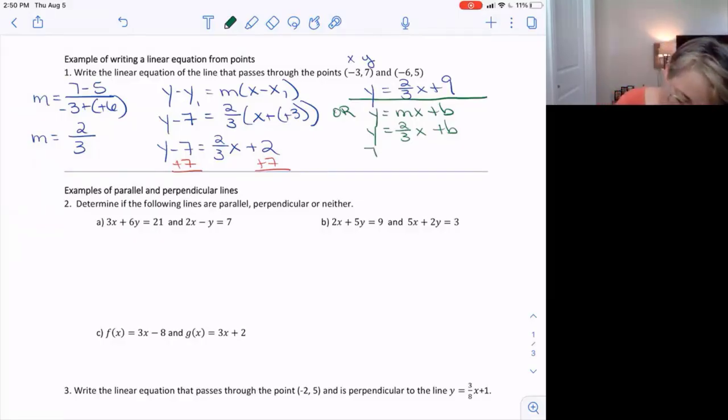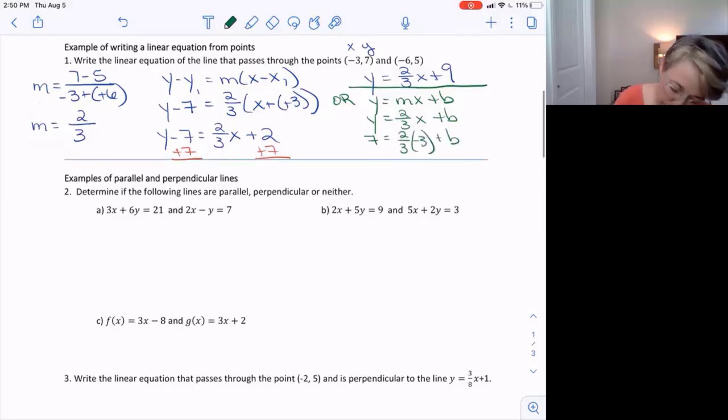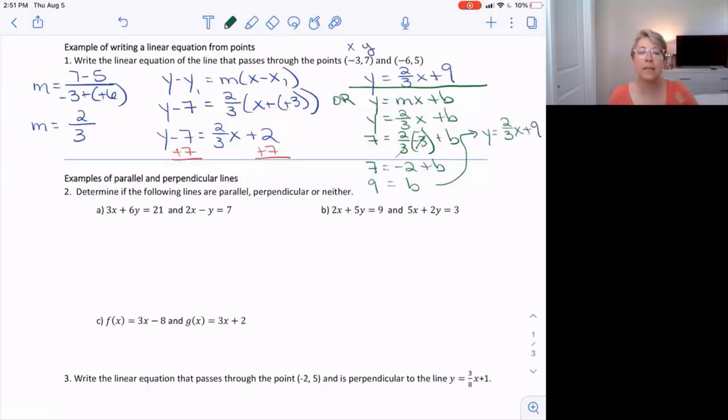We could plug in 7 here for the y, -3 for the x. These two reduce. So I'm going to get 7 equals -2 plus b. If we add the 2 to the other side, we would get b equals 9, and then we can write our equation. y equals our slope times x plus our y-intercept, which is the same thing that we got using the point-slope. So oftentimes the point-slope's easier, but it really just depends.